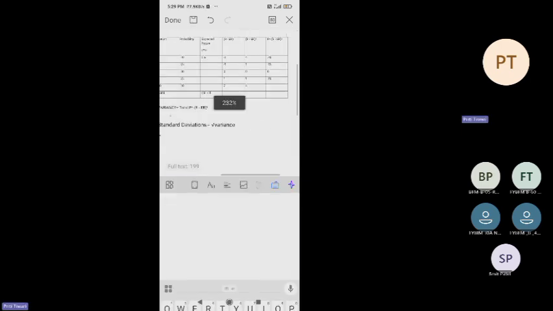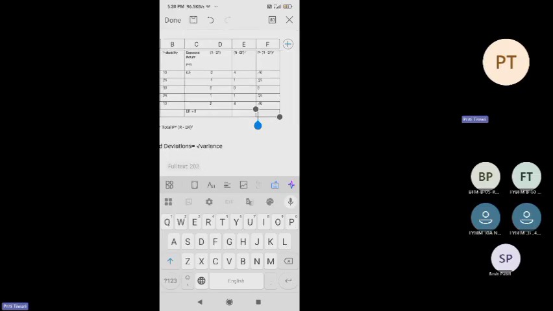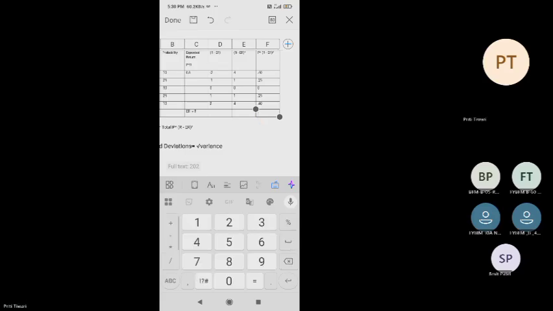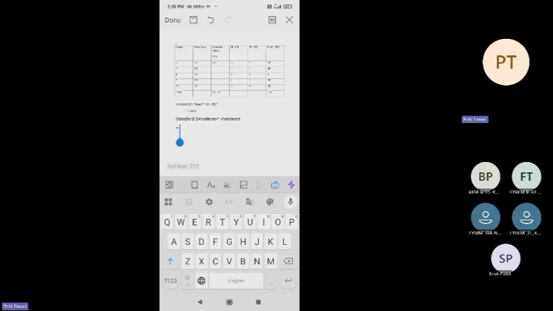And 0.40, giving us a total of 1.30. So the variance, the percentage is very less over here, which is 1.30.